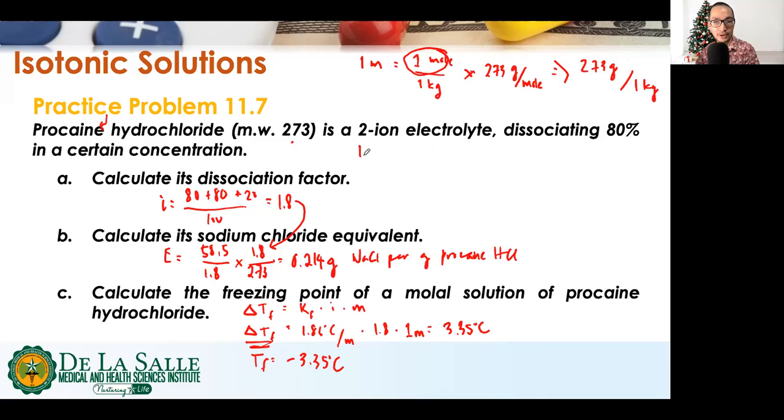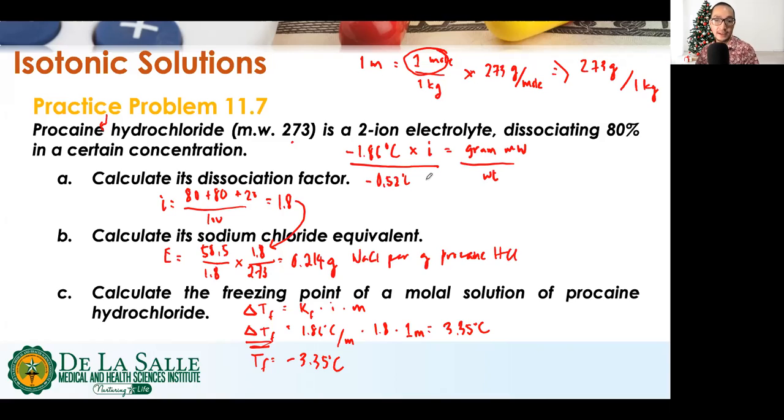Remember our basic formula, negative 1.86 degrees Celsius. So I will be using freezing point already here, times i, is equal to the gram molecular weight of the substance, and we divide this by negative 0.52 degrees Celsius, divided by the weight.